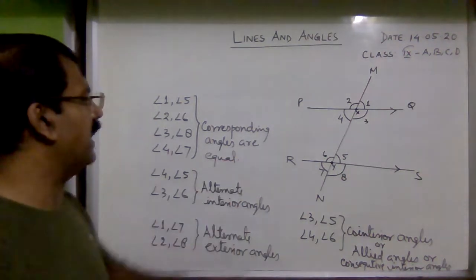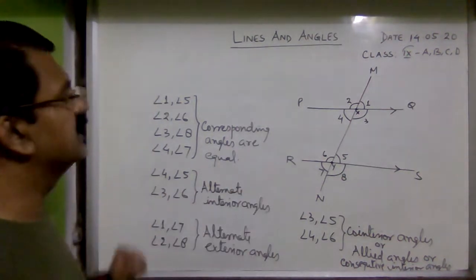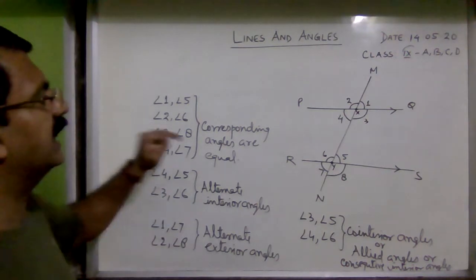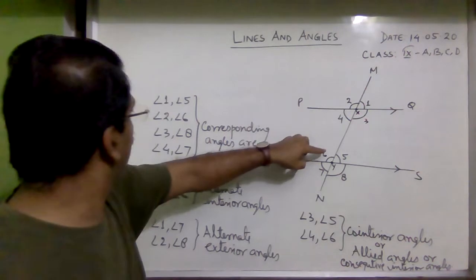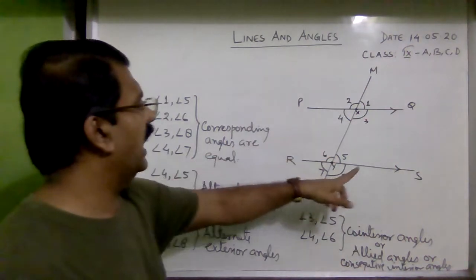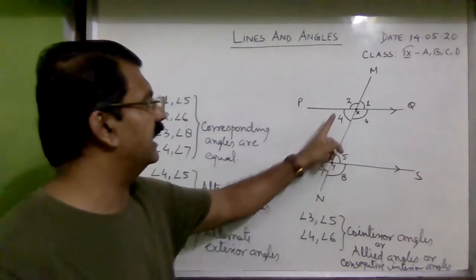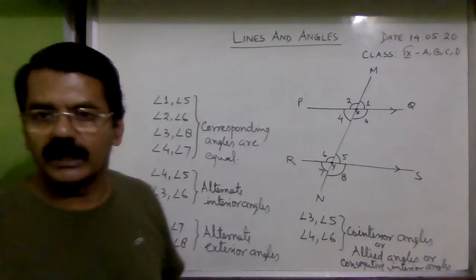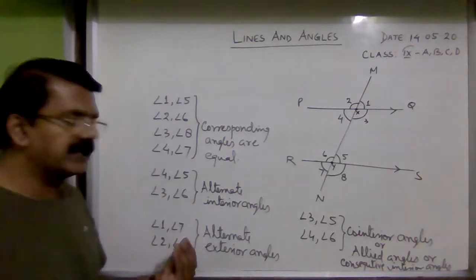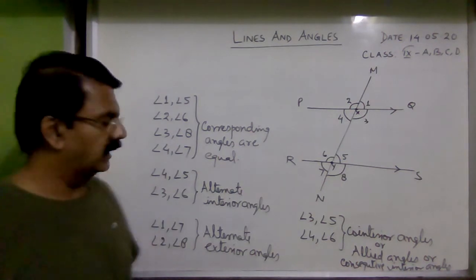When the two lines PQ and RS are parallel, then the corresponding angles are equal. Means angle 1 will be equal to angle 5, angle 2 will be equal to angle 6, angle 3 will be equal to angle 8 and angle 4 will be equal to angle 7. Corresponding angles are equal. Clear? The corresponding angles are always equal.